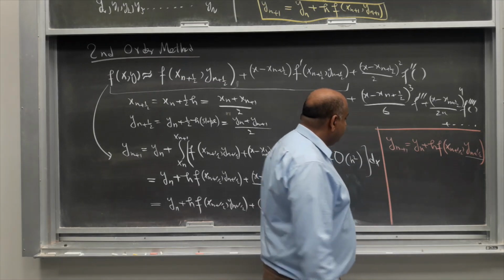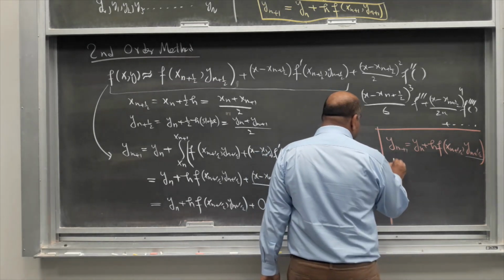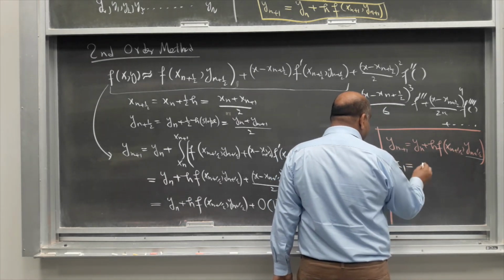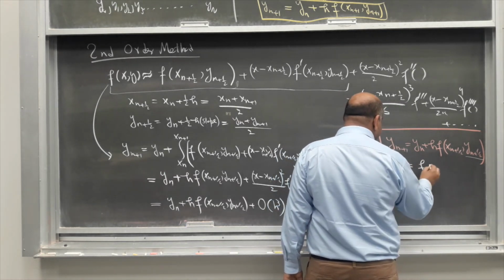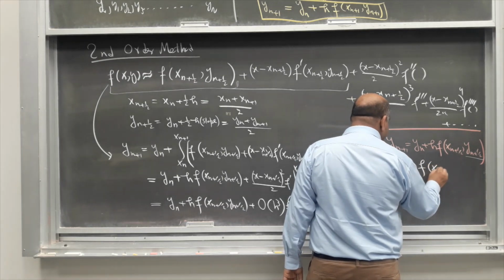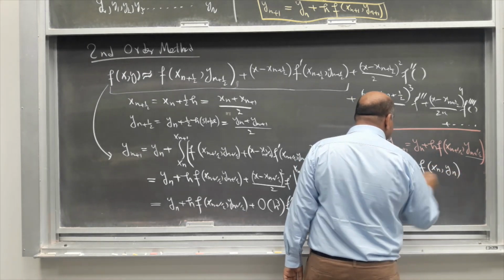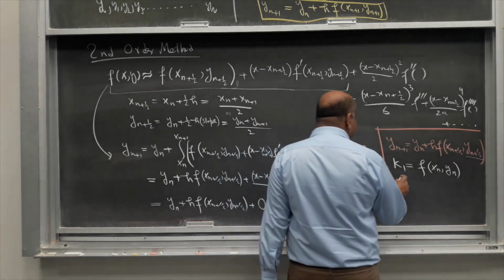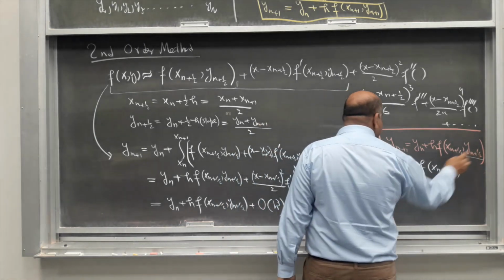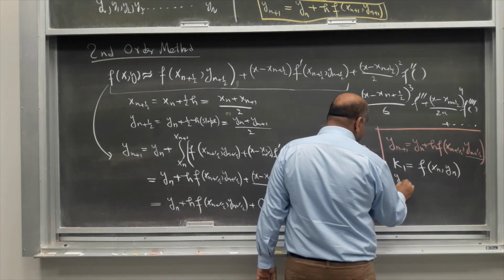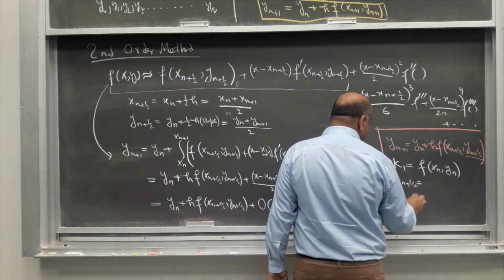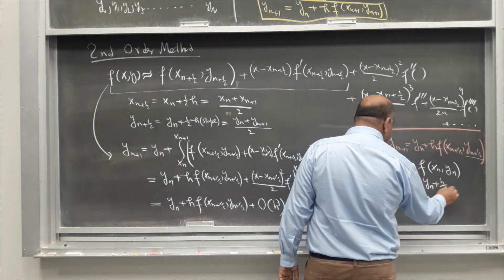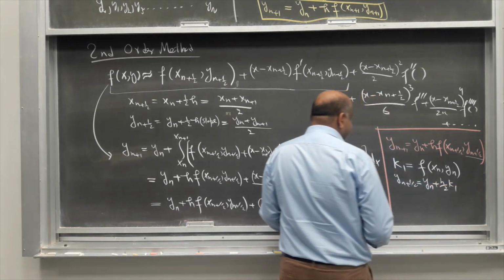So let me call this k1, which is the slope in the Euler method. So this is xn, yn. If I have this k1, my yn plus half would be yn plus h by 2 k1.